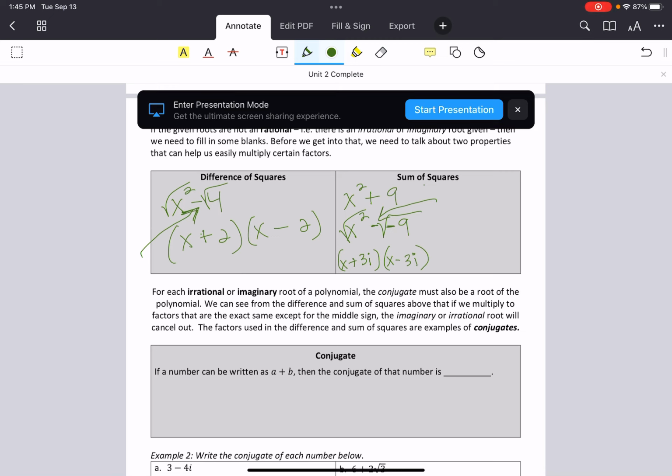What's the only way to turn the square root of 3 into not a square root? Is to square it. Does that make sense?